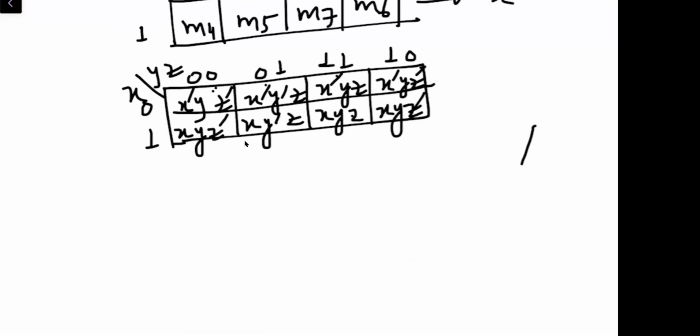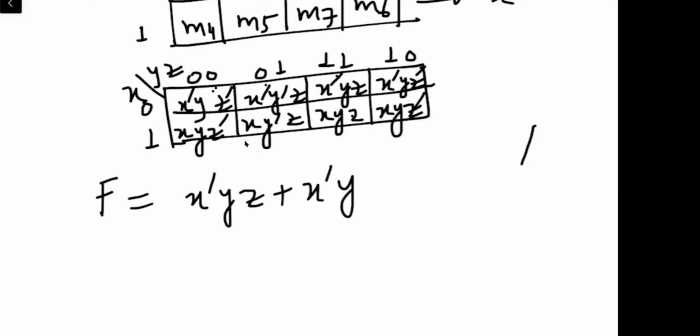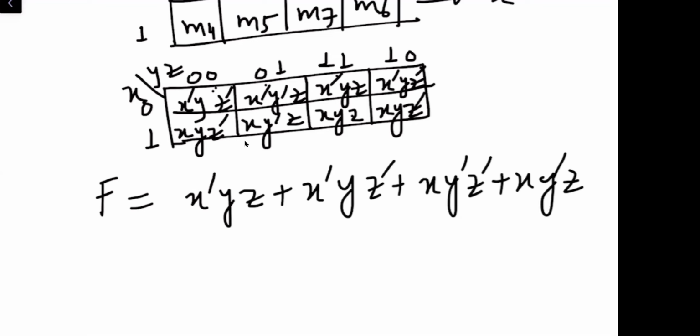Okay, so let's suppose a function is given to us: function is equal to x complement, y and z, plus x complement, y and z complement, plus x, y complement and z complement, plus x, y complement and z, right?